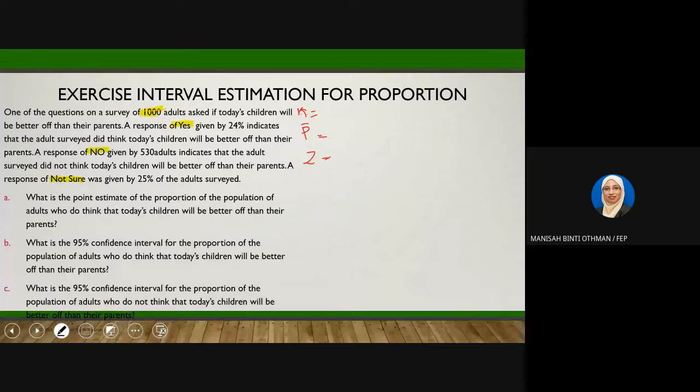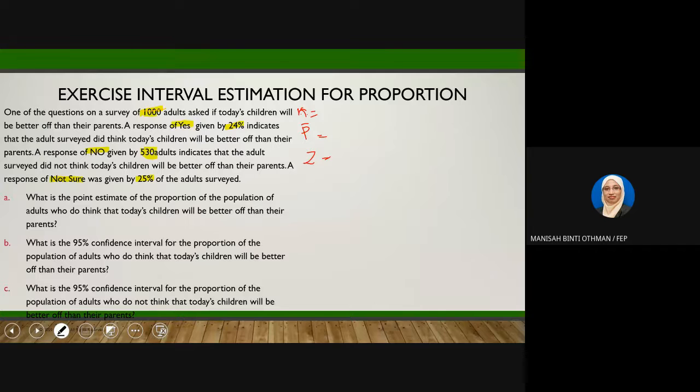Even though 530 adults respond no, for those who respond yes it's only 24%. Another 25% respond not sure.